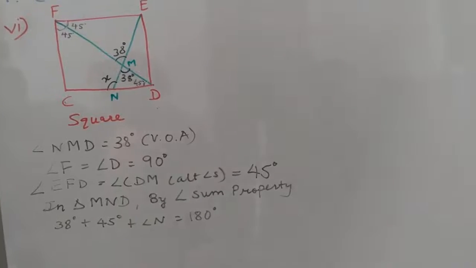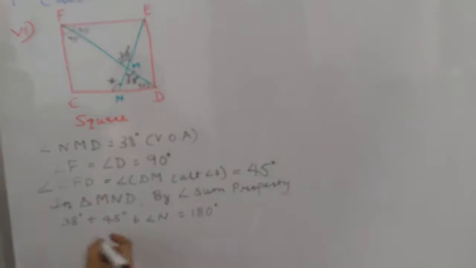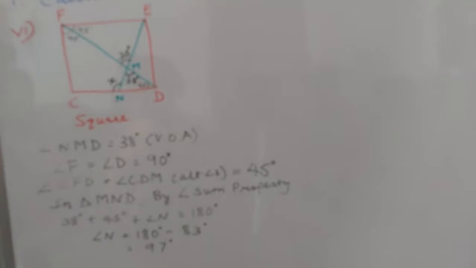Then we calculate accordingly here. Angle N is equal to 180 degrees minus (45 plus 38, which is 83) degrees, and the subtraction of this is 97 degrees. So this is not the angle we want to find out.